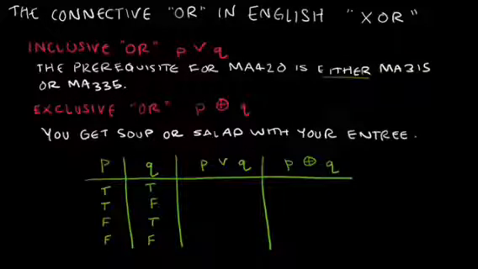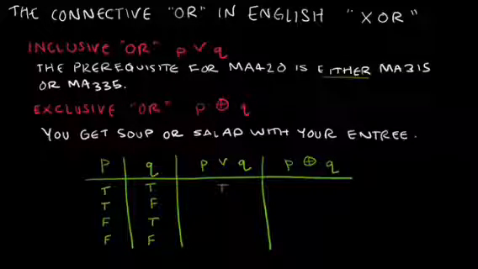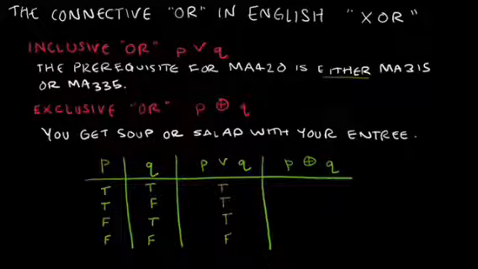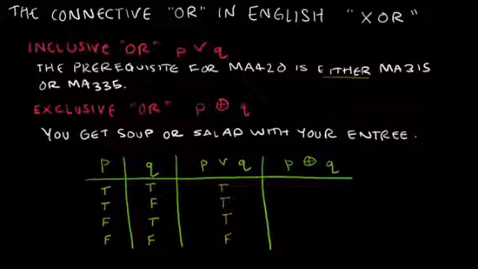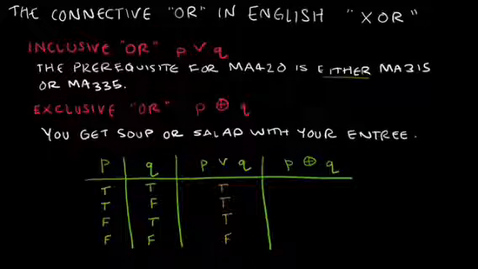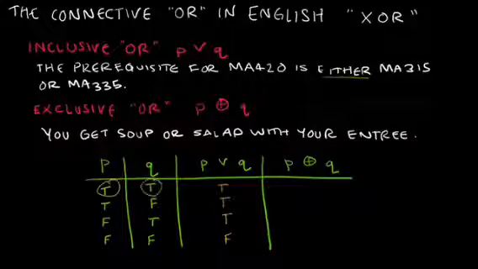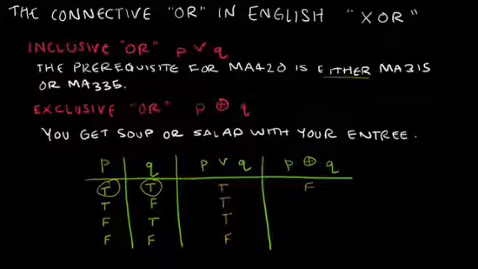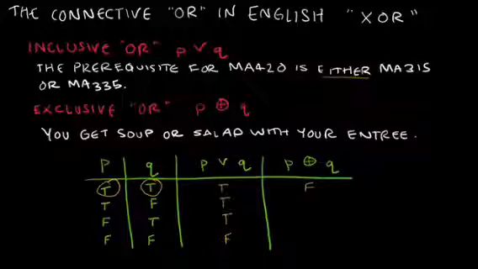So while we just finished talking about the inclusive or, where we said if either is true, then it's true, and that was true, true, true, false, the exclusive or is only true if one is true or the other is true, but not both. So the difference here is because this one had two trues, then the exclusive or is going to return a false value because I can't have both soup and salad.